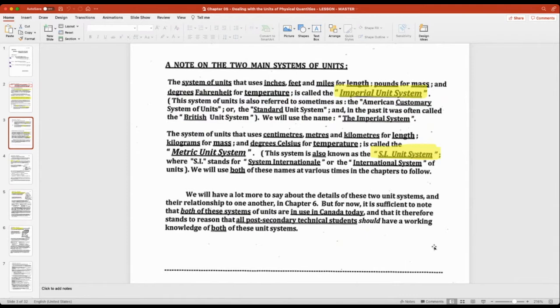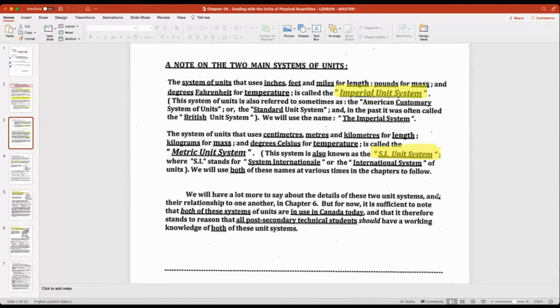The metric system also has an alternative name, which is the SI system, or Système International, said with a French accent. Their bases are very different, but the main thing I want to mention for the metric system is that the base units are connected to powers of 10, and also several of the quantities are related to water.